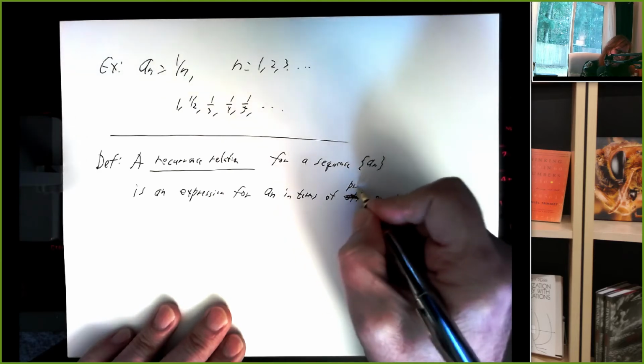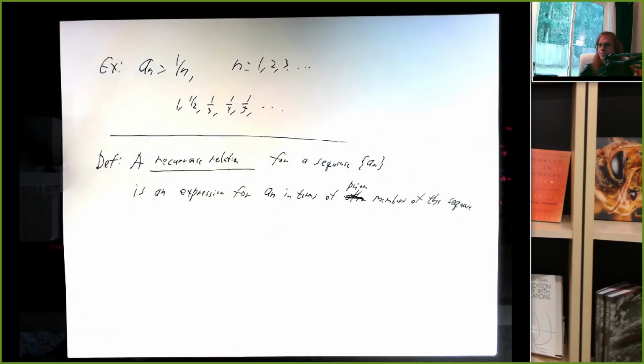Let me say prior. Alright, this is something we're going to come back to multiple times in this course, and this is going to tie directly into CSE215. So let me give you a bunch of examples of this.